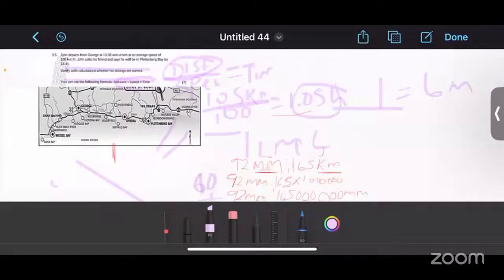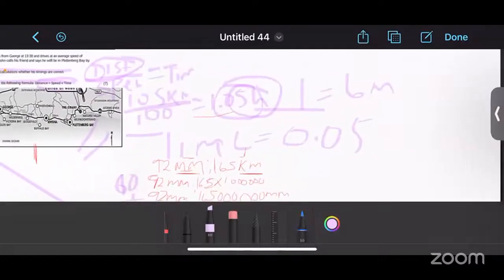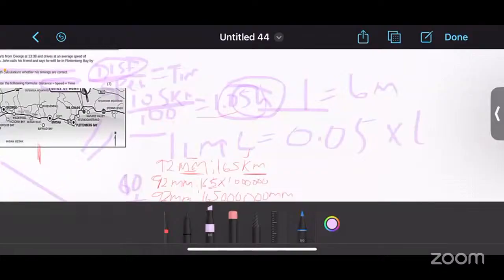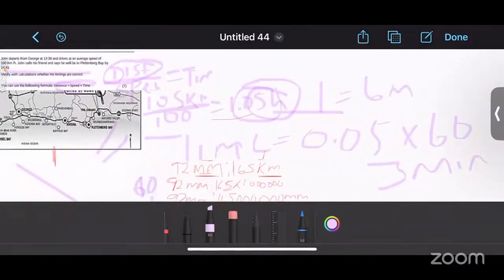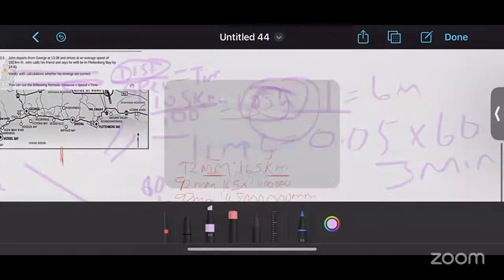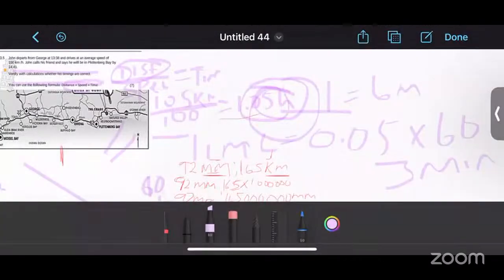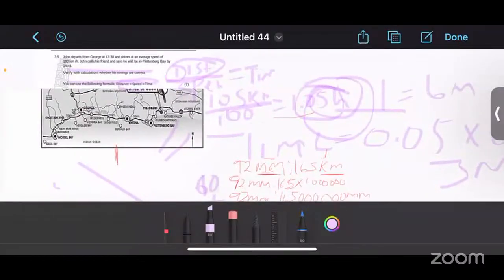So we want to know how many minutes: 0,05 multiplied by 60. How much is it going to be? 3, ma'am. So that means it's 3 minutes. So the 1,05 hours is 1 hour, 3 minutes. So the time that is going to be traveled is 1 hour, 3 minutes.